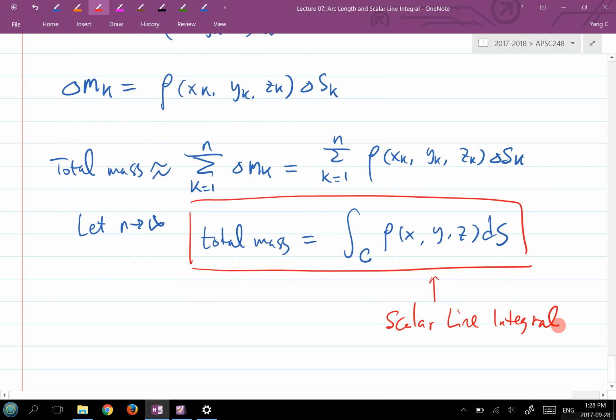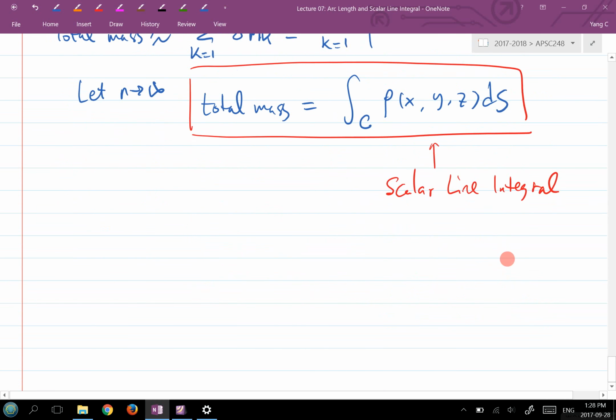It's a little awkward because it's not called scalar curve integral, it's called scalar line integral, even though you're really integrating along a curve, not really along a line. Of course, a curve includes the line. So never mind the name. That's basically the idea of a scalar line integral.